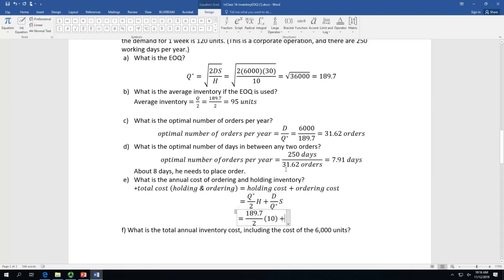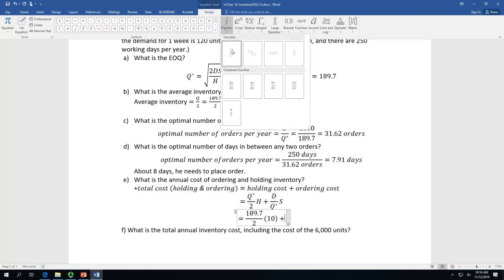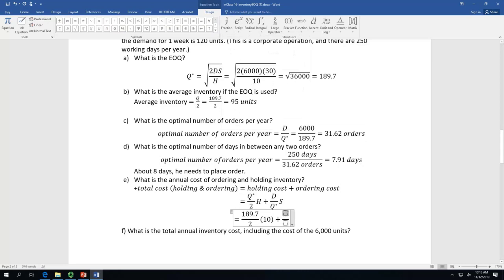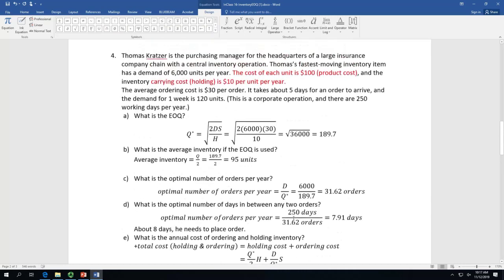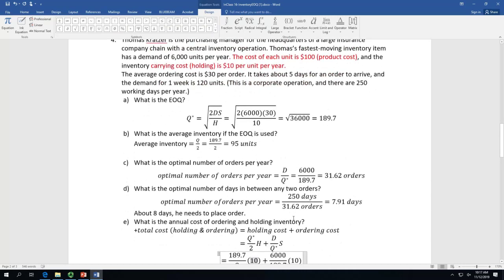Plus the next one. The annual demand is 6,000 divided by Q, 189.7, and times S, the cost of each order, which is 30. Holding cost is 10.